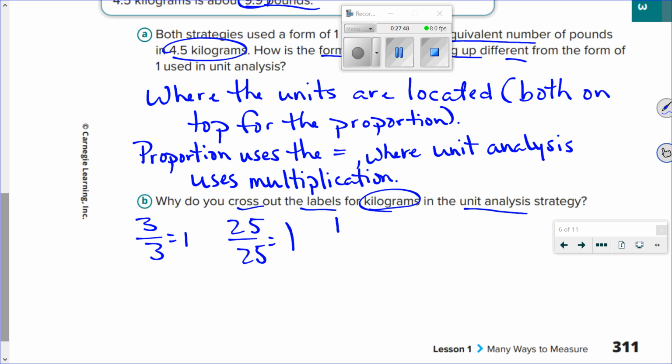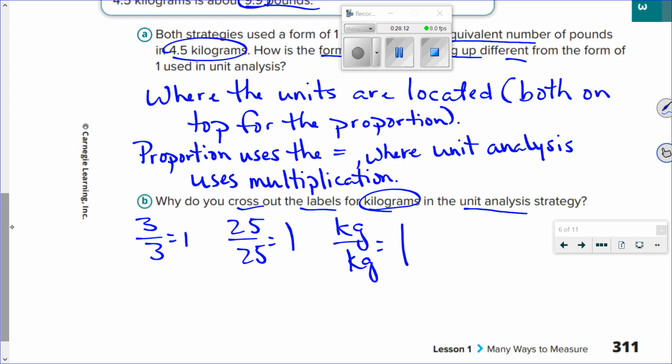What if I have kilograms over kilograms? What does that equal? 1. If I have the same thing divided by the same thing, it's always 1. So basically what we're doing in the unit analysis method is we're getting rid of the units. We're crossing them out and calling them ones. They're crossing each other out. Okay? So that's why we do it. Is everybody okay so far?